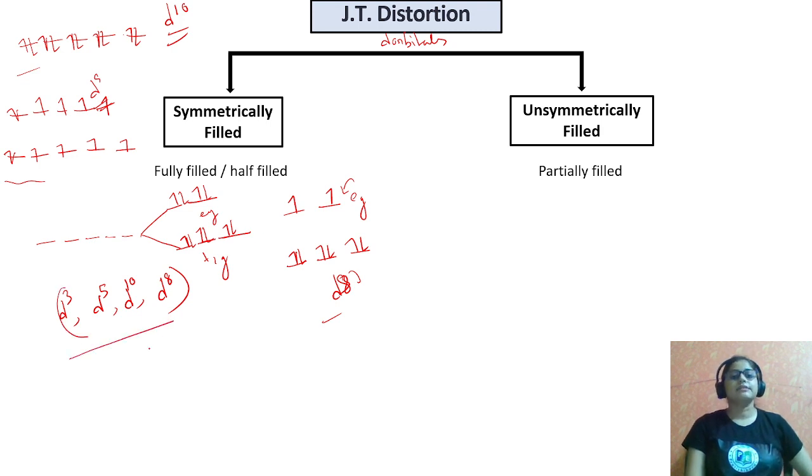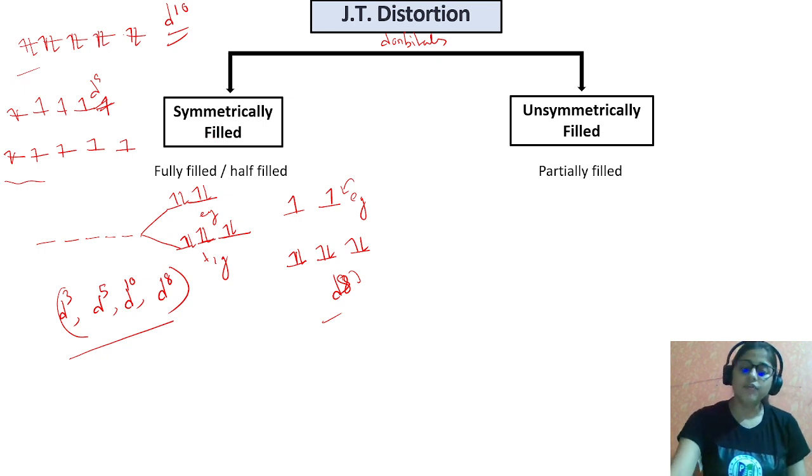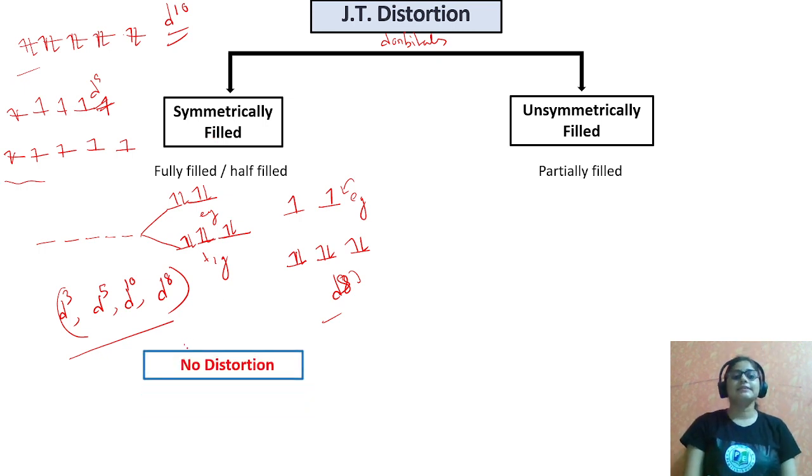In these 4 cases, the symmetrically filled orbitals are there. Fine. What will happen? In these cases, there will be no distortion. Whenever a question asks which of the options doesn't show any Jahn-Teller distortion, the answer will be among these 4.